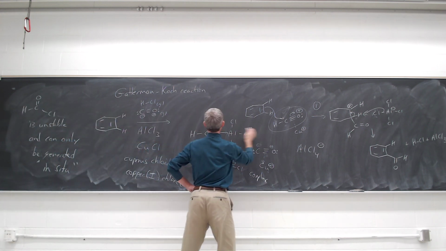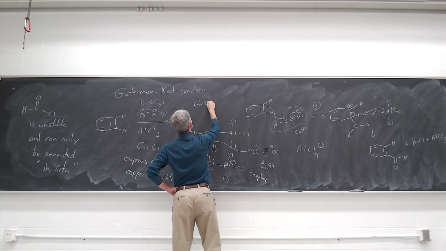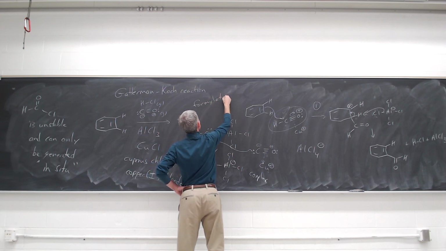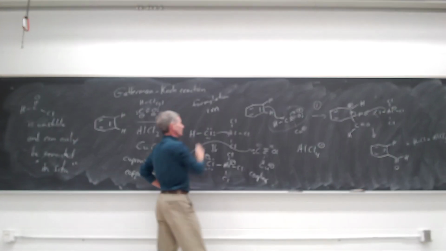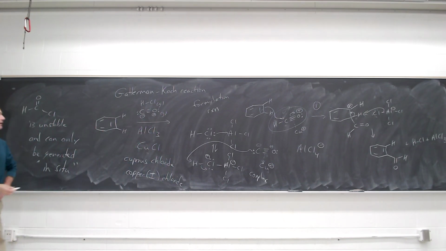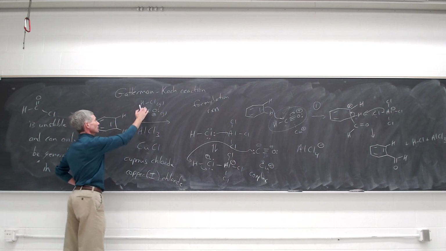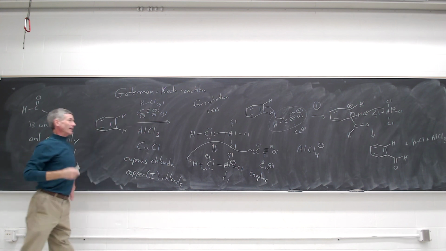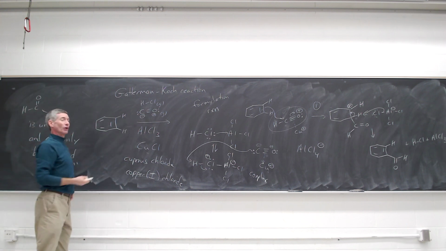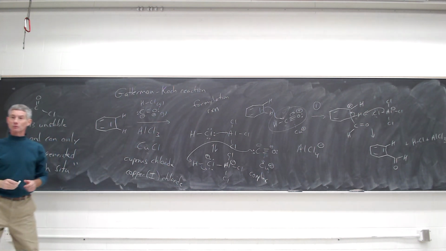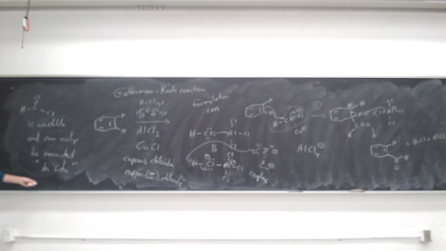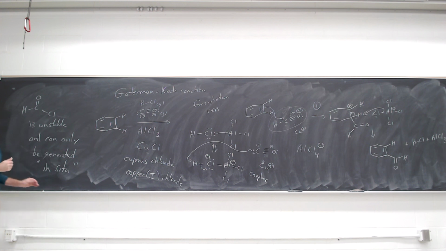Basically, this is a formylation. So Friedel-Crafts acylation from an acyl chloride, or the Gattermann-Koch reaction generating that kind of acyl chloride in situ from HCl and carbon monoxide in the presence of cuprous chloride. So that's new.